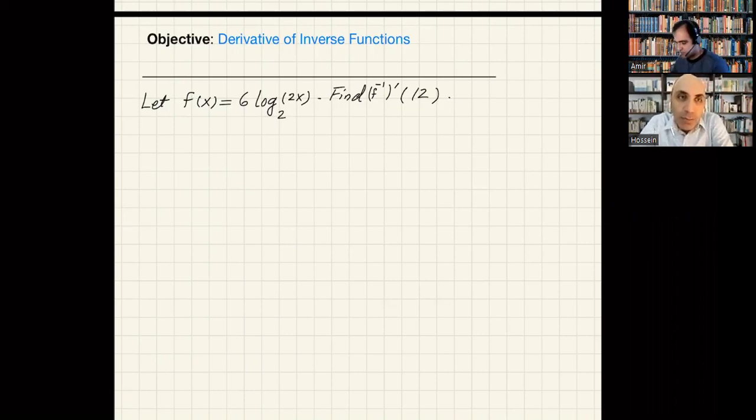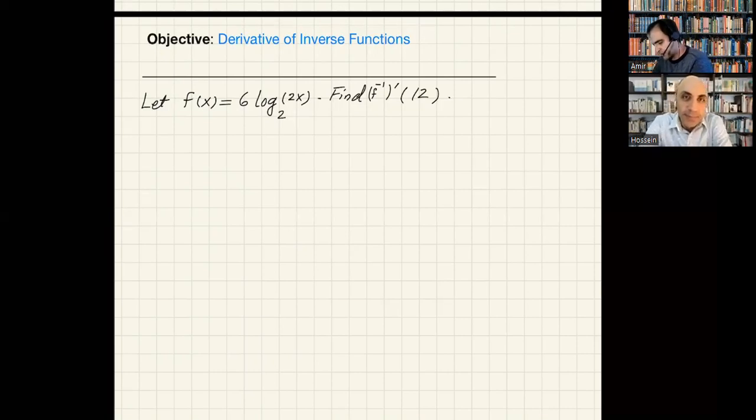Assume I have a function f of x, which is equal to 6 times log of 2x, base 2. Find the derivative of the inverse of this function at x equal 12.